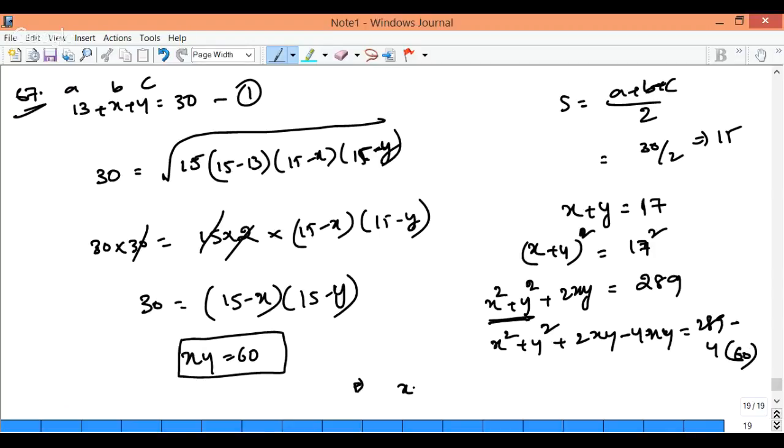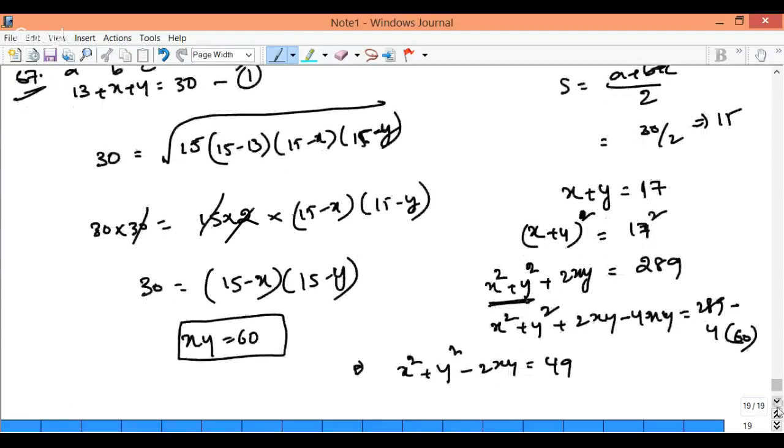You'll get x square plus y square minus 2xy is equal to 289 minus 240, that is 49. We get (x minus y) whole square is equal to 49.